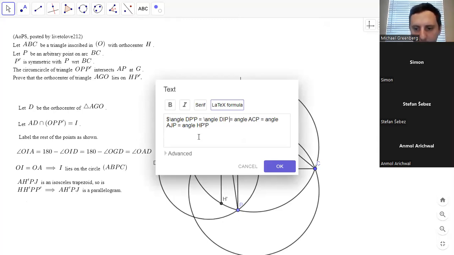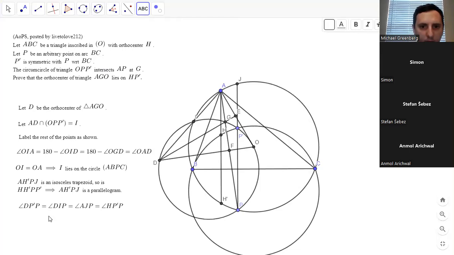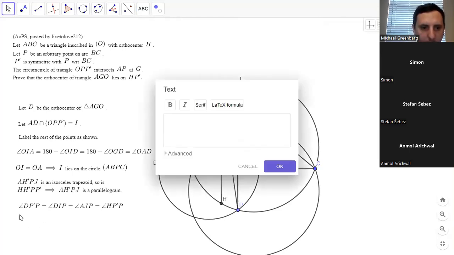And we don't even need this one, although we could if we wanted. So D, H and P prime are collinear.